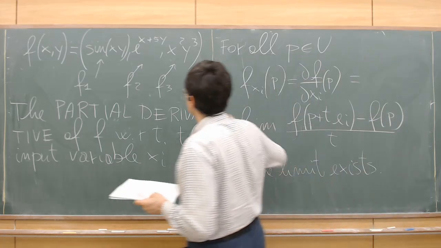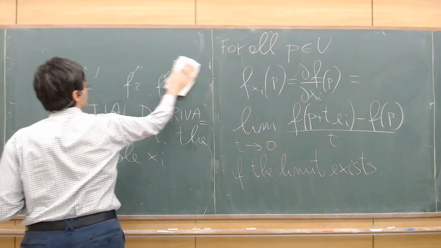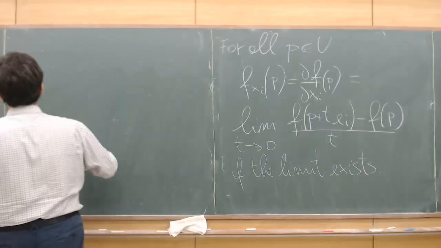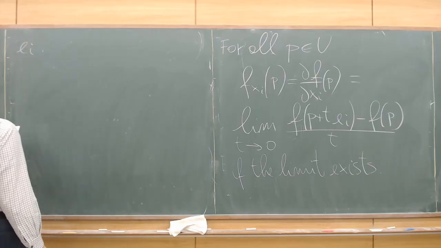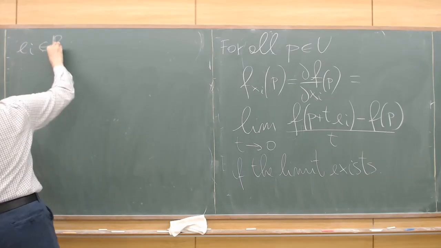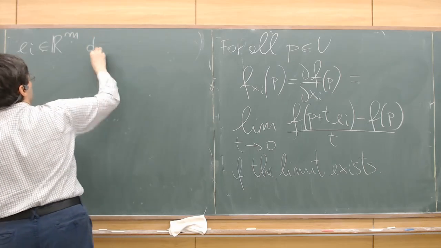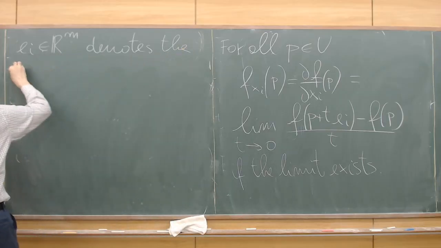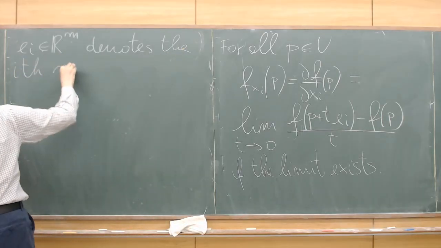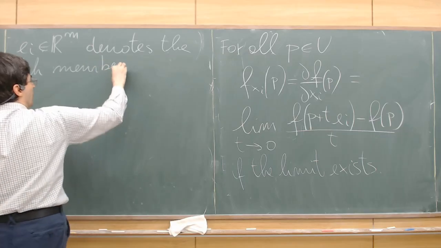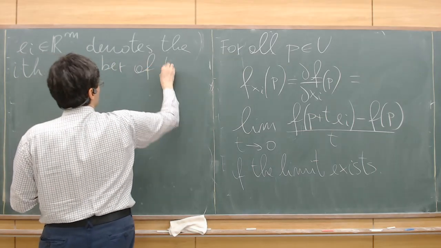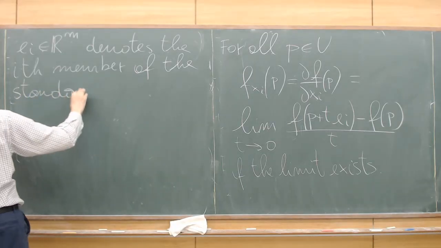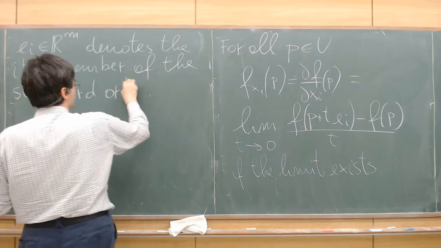And here ei in Rm denotes the ith member of the standard orthonormal basis.